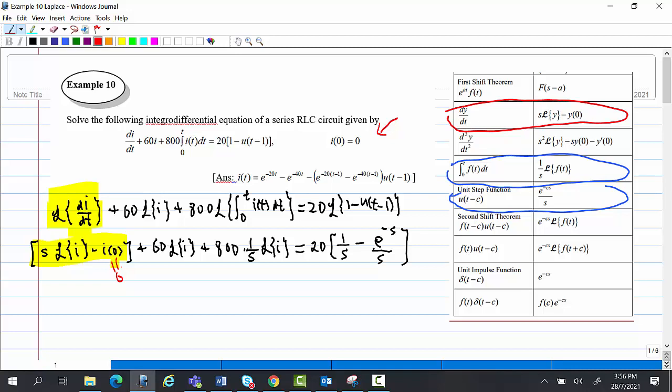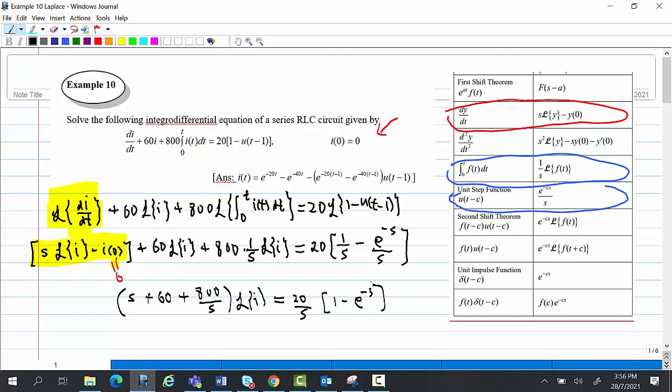We will get s times the Laplace transform of i plus 60 times the Laplace transform of i plus 800 over s times the Laplace transform of i, and that is equal to 20 over s times (1 minus e power minus s).